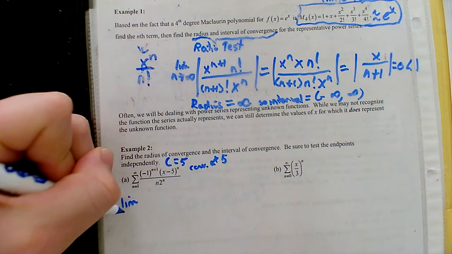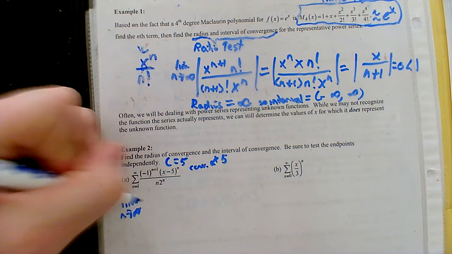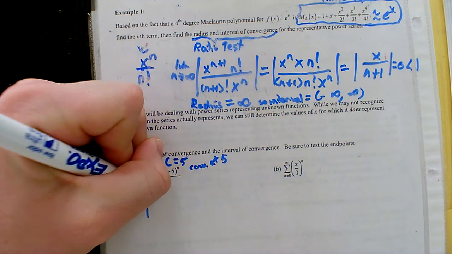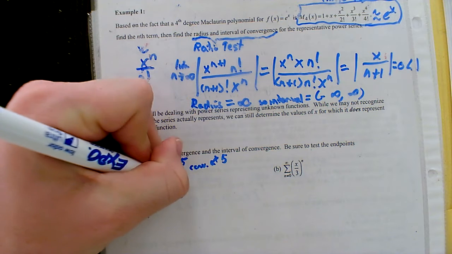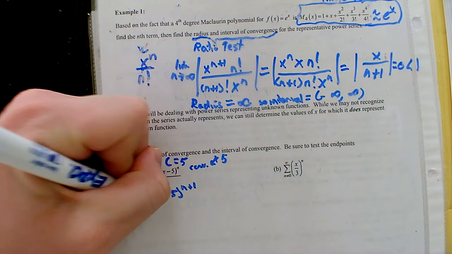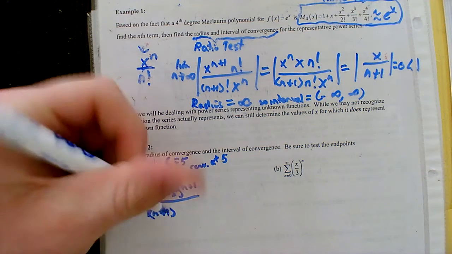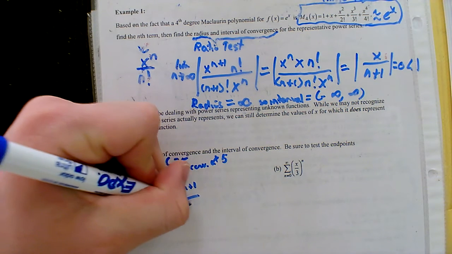But we're going to go ahead and try the ratio test. So the limit as n goes to infinity of the absolute value of (x minus 5) to the n plus 1 over (n plus 1) times 2 to the n plus 1.